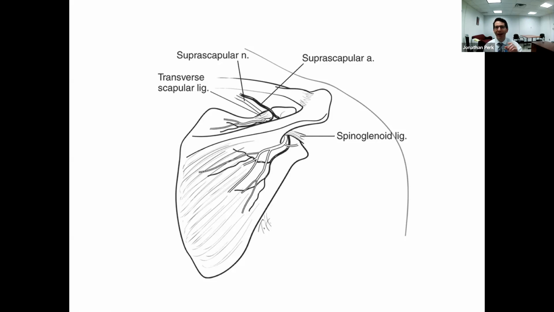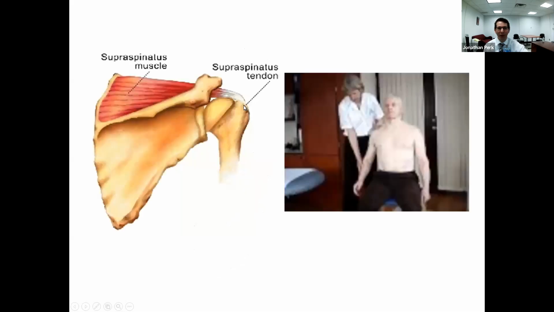So then we'll have weakness of the lower muscles, and the muscles up here will be intact. All right, so now let's explain what we're talking about.